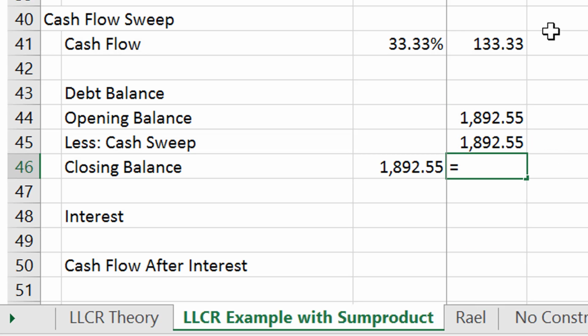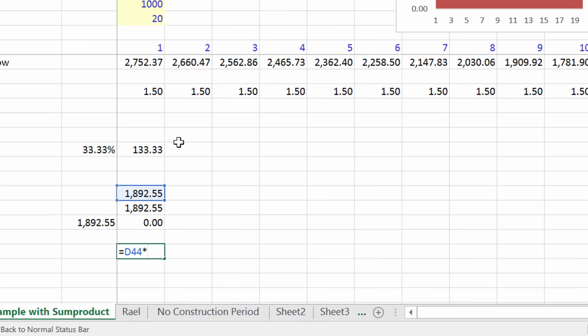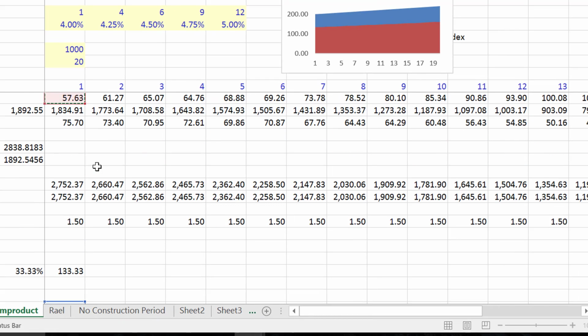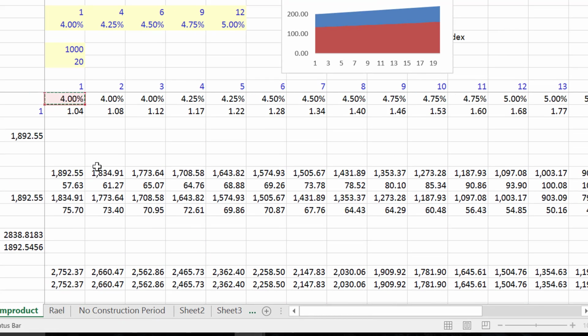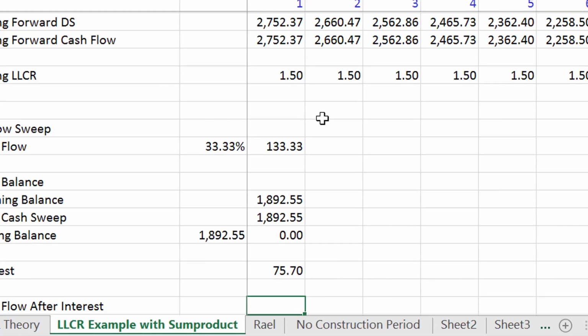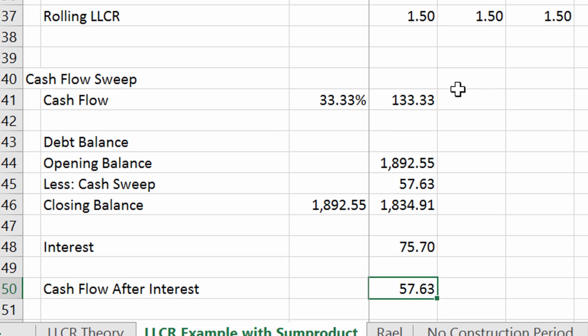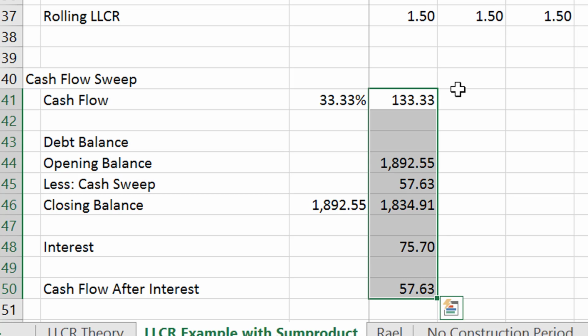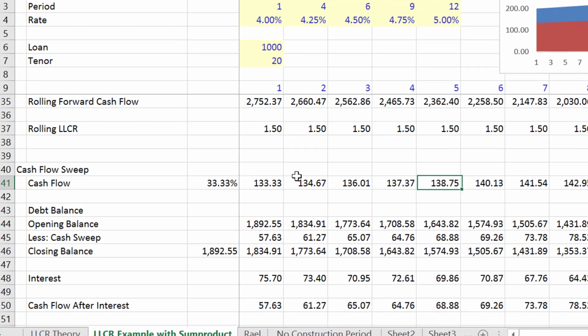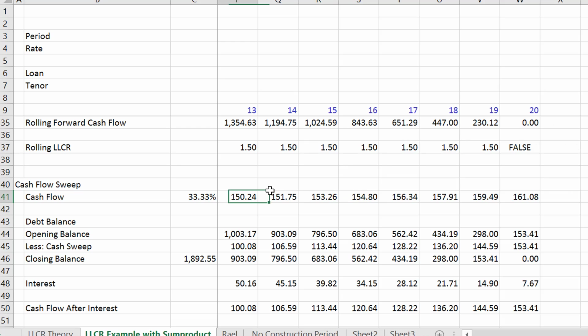The closing balance is the opening balance minus the sweep. The interest is the opening balance multiplied by the interest rate, and the cash flow after the interest is our cash flow minus the interest. I think that's as simple as a sweep is. If you copy it across, it goes right down to 0.